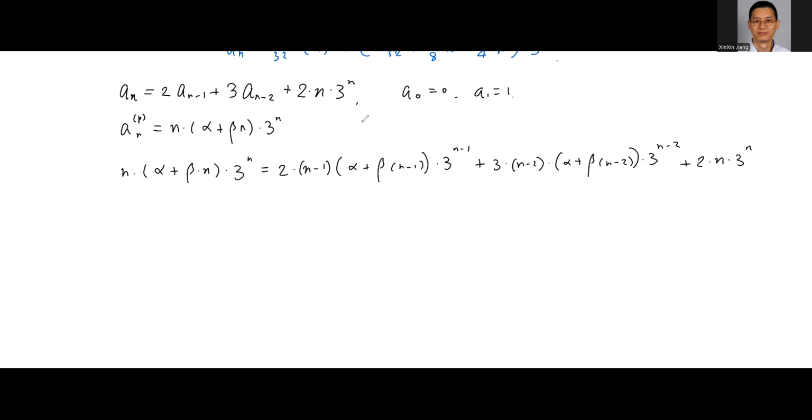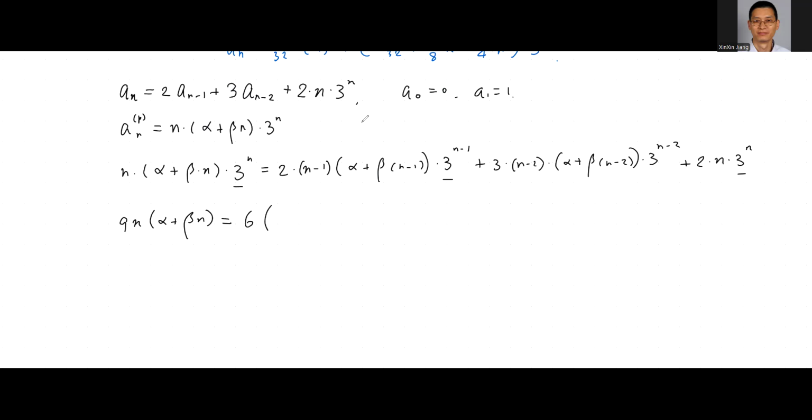Okay. I'm going to divide both sides by 3 to the n minus 2. So I would have 9 here, 3 here, and a 9 here. So I have 9n times (alpha plus beta n) equals 3 times 2, you have 6. Okay. I'm going to expand it.